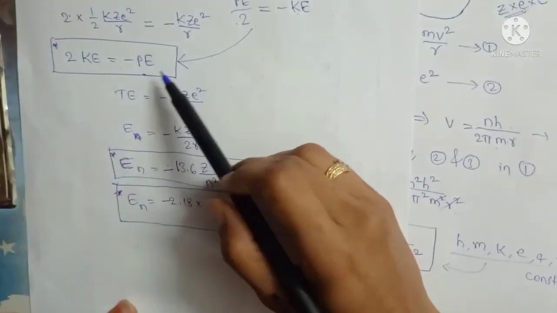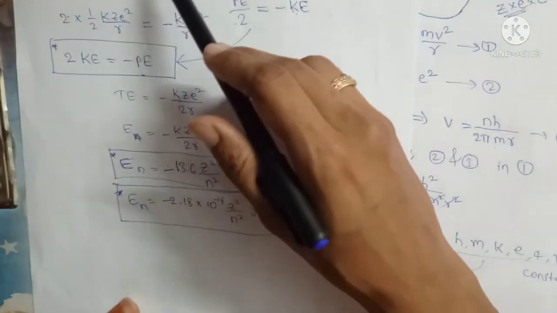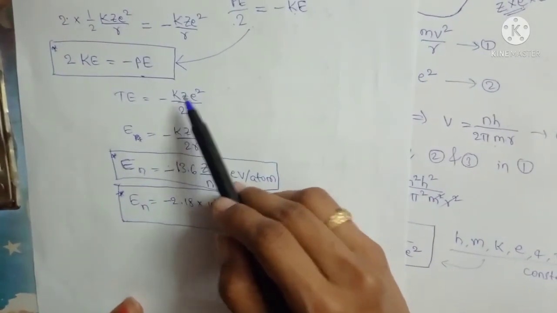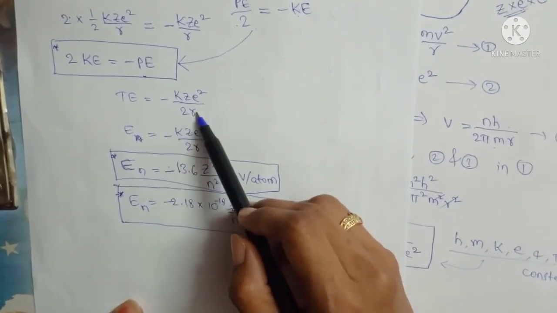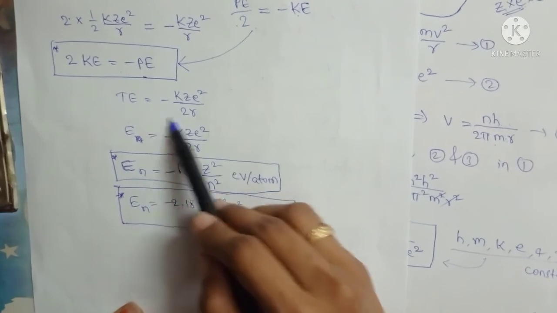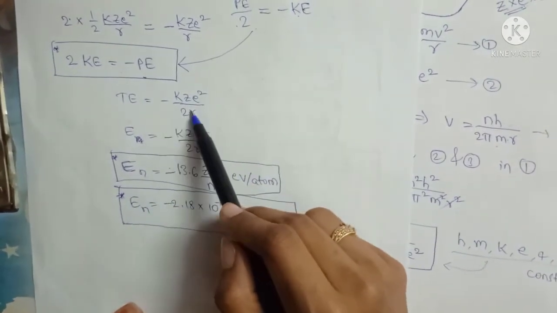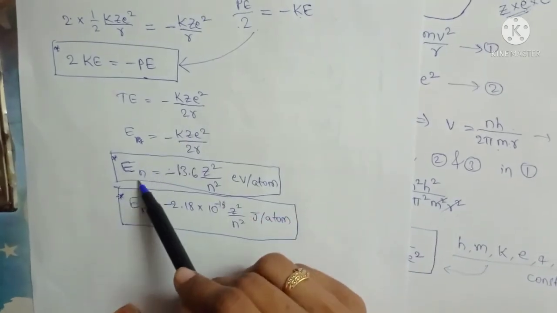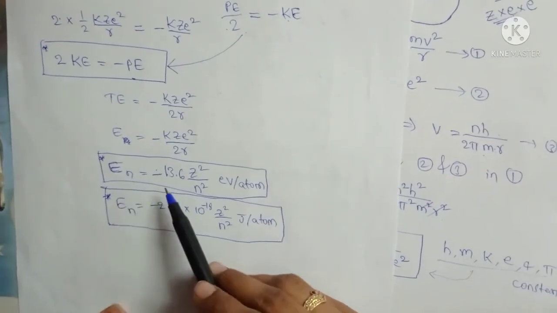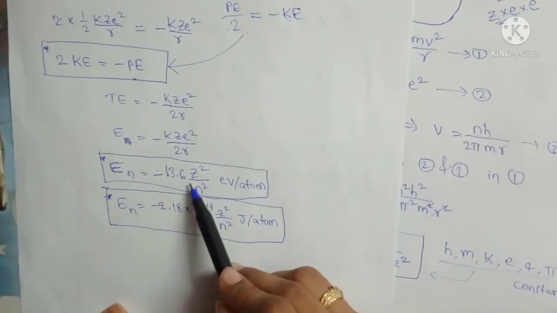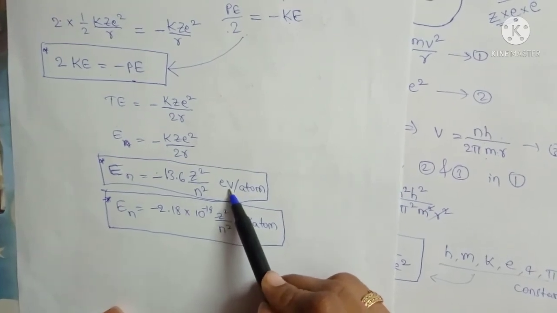Next, from the above equation, what is the total energy? Minus half into kZe square by r. This is the final equation for total energy, and if we substitute all the values, we get the simplified equation for the energy of electron. So the energy of electron will become minus 13.6 Z square by n square electron volt per atom.